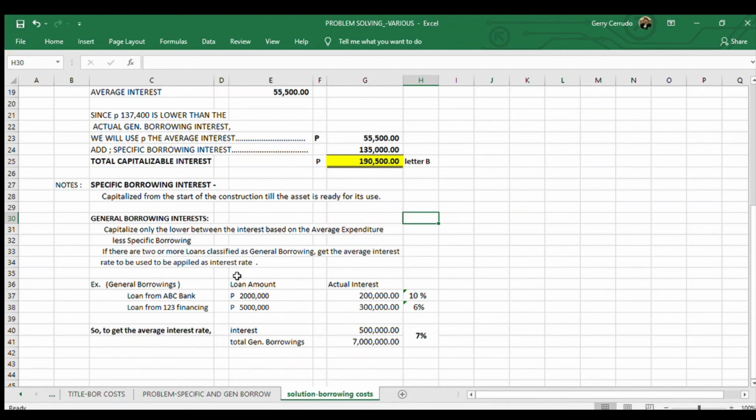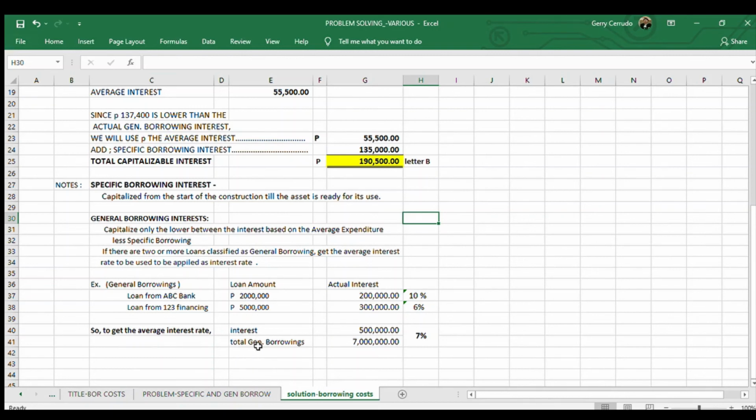No? Kaya halimbawa, meron kang dalawang loan classified as general borrowing. Okay, we have loan from ABC, 2 million. Ang actual interest na na-incur niya for that year is 10%. Meron kang loan from 123, financing, 5 million. Meron kang actual interest of 300,000 with a different interest rate of 6%.